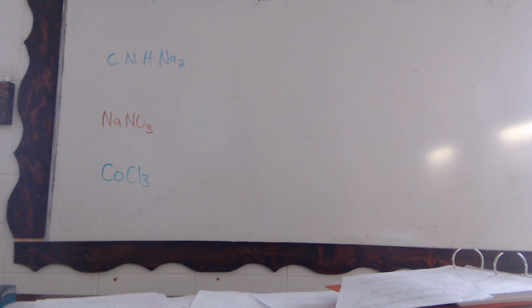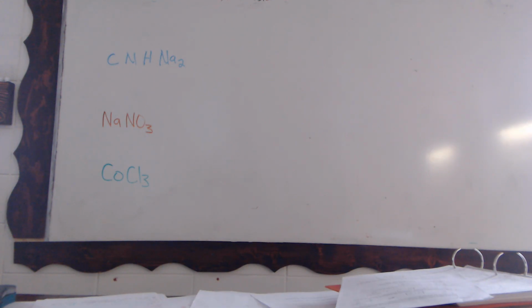I need to make sure I actually know how to do this. So, let me ask you this. We had one of your classmates say, I'll do the bottom one. I would rather do the bottom one too. Why would you rather do that bottom one? Well, yes, that's true, but as far as bonding is concerned, is it ionic or covalent, that bottom one?